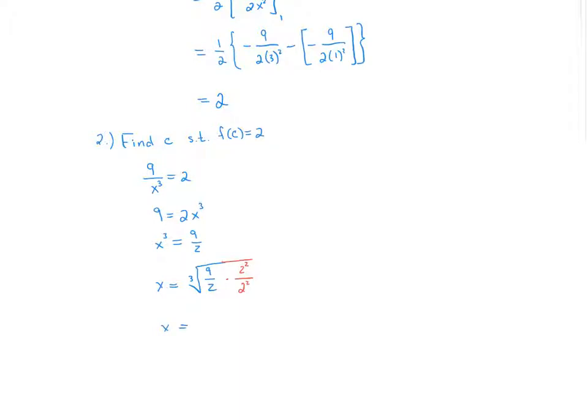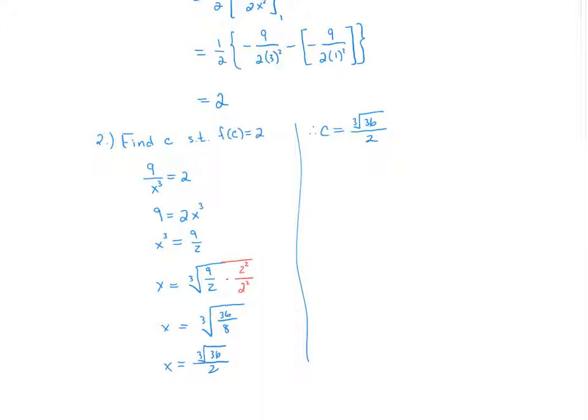And so that gives us the cube root of 36 over 8, or simply the cube root of 36 over 2. So therefore, c equals the cube root of 36 over 2, which is about 1.7.